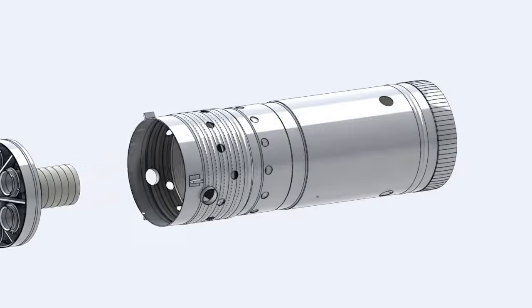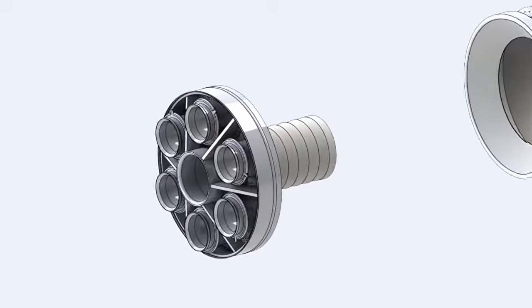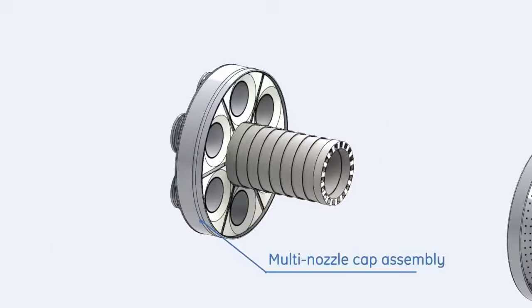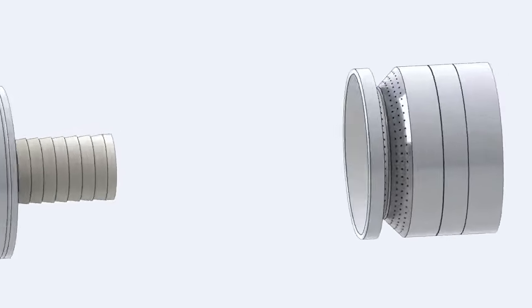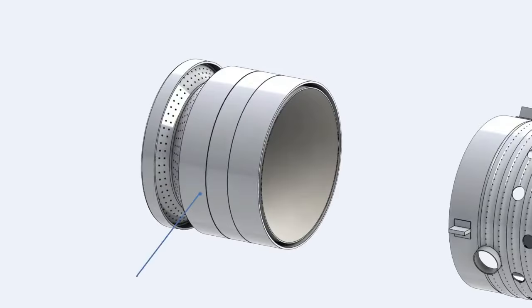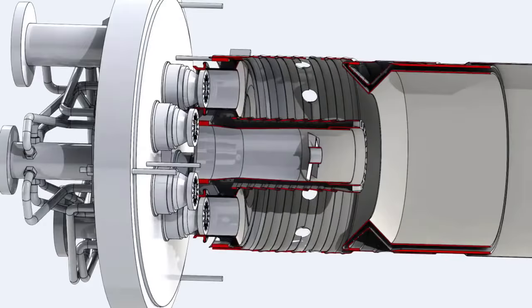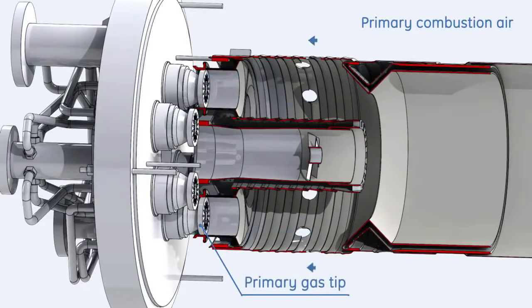The liner consists of the liner body, multi-nozzle cap assembly, and the venturi. These parts are assembled together by rivets. Combustion air flows into the liner through various locations. Primary combustion air flows through the primary gas tips.